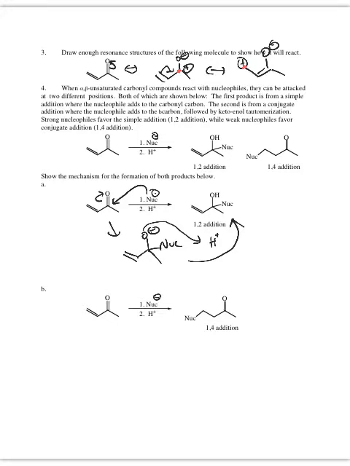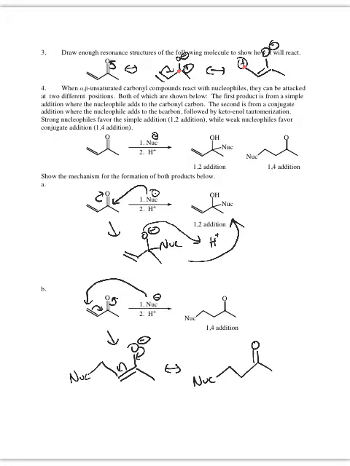In the second one, where it adds 1,4, the nucleophile can add to the beta carbon, send the electrons towards the carbonyl, which gives us this, and then we can draw a resonance structure for it, sending the electrons back down to the alpha carbon, giving us back the carbonyl, and then that can grab a hydrogen from our acid solution in the workup to give us our 1,4 addition.